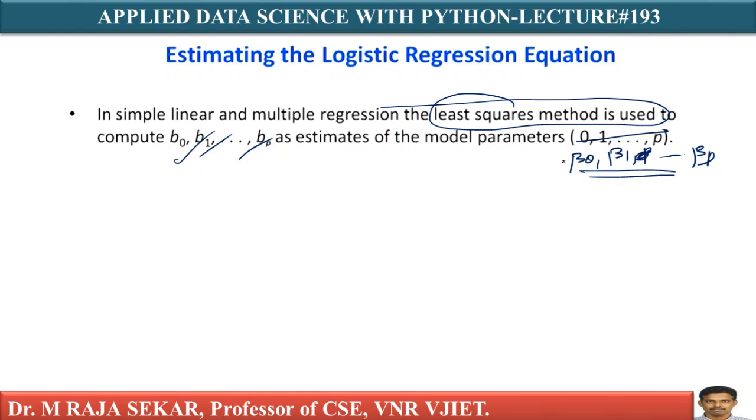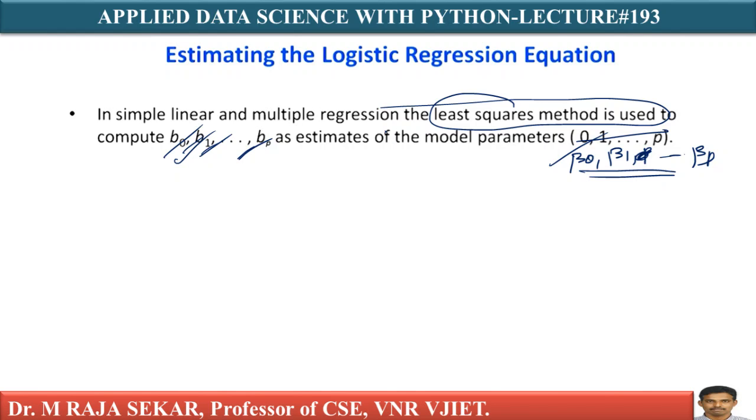What are the model parameters? They are related to the population: beta naught, beta 1, beta 2, so on, beta p, isn't it? These are sample parameters, b0, b1, and so on, bp, isn't it? With the help of sample parameters b0, b1, bp, we can estimate beta naught, beta 1, beta 2, so on, beta p.